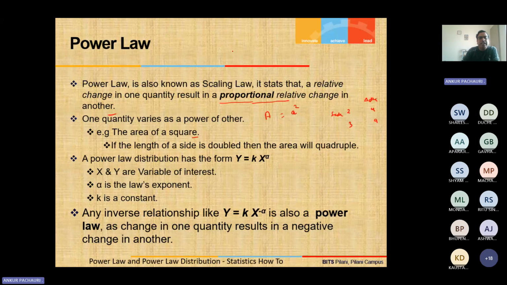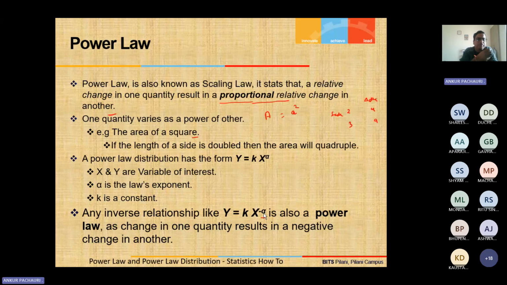It can also be a negative relation. For example, the force of attraction, magnetic force or electromagnetic force. The force of attraction between two heavenly bodies is inversely proportional to the square of the distance between them.